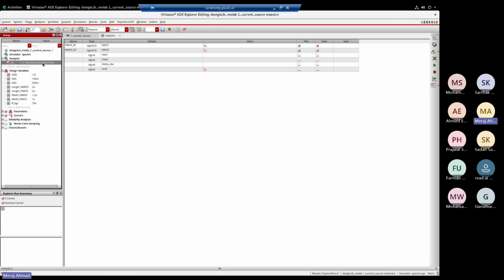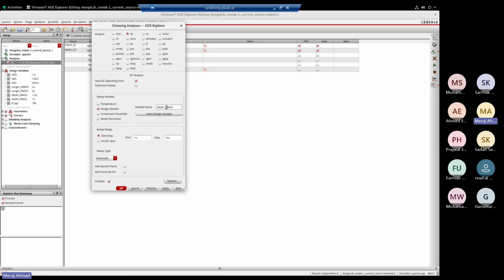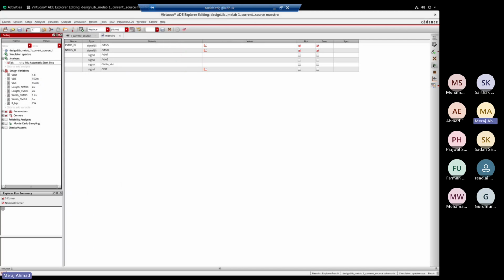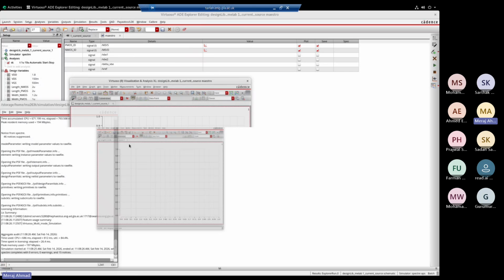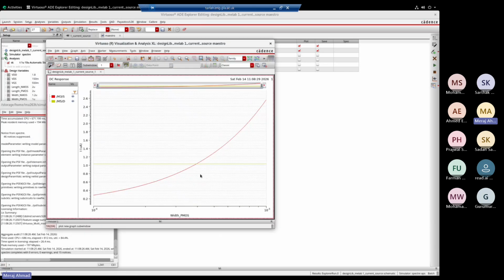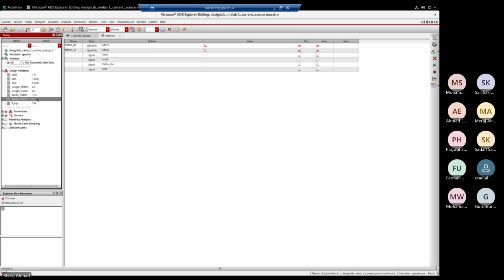Now again, I will go back and just change it to CMOS. And it's just a sweep. I'm just measuring the current, changing only one variable. So I see that my 1 micro would be around 3.8 micro.